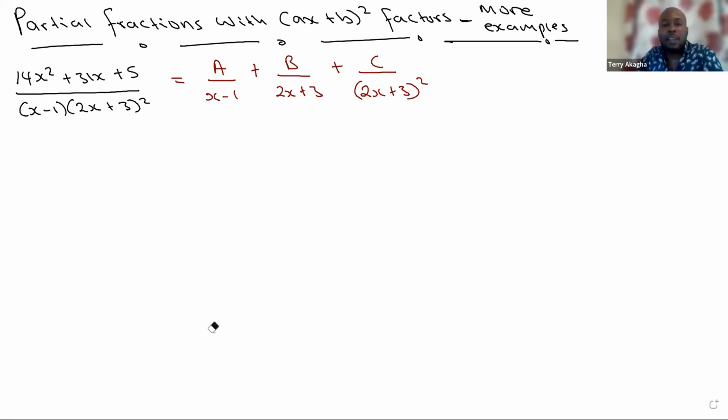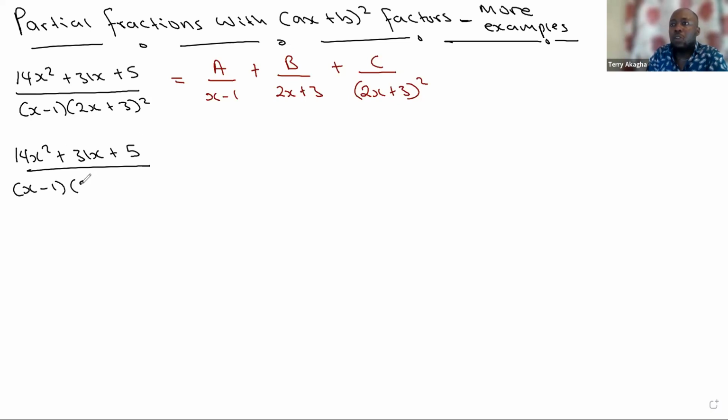Now, remember the next step, you have to multiply both sides by the denominator. So we have 14x squared plus 31x plus 5 divided by x minus 1 and 2x plus 3 squared.